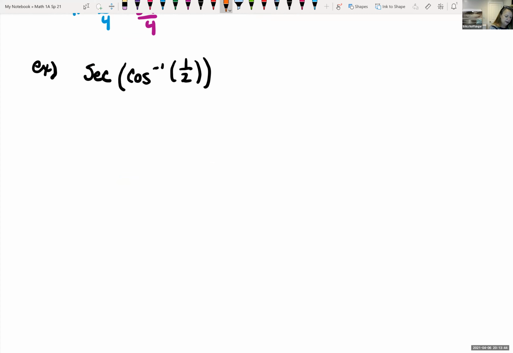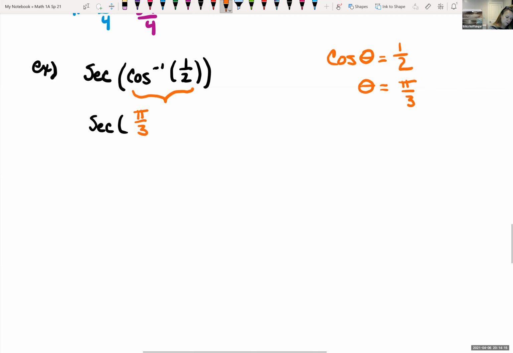So we want to work the inner piece and outwards. We first need to figure out what is cosine inverse of 1/2. I'm thinking to myself, what is that angle that gives me back 1/2? That would be 60 degrees, which is pi/3. Theta here is pi/3. So let's rewrite this. This is the same thing as secant of pi/3.